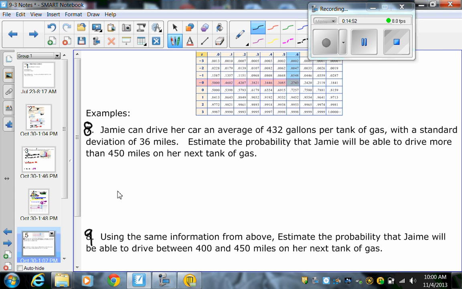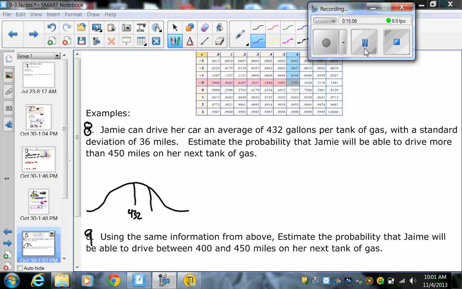So if I were to draw out the curve here, we would have 432 in the middle, add a standard deviation of 36. That gives me 468. Add another standard deviation. We get 504. Add another standard deviation. We get 540.